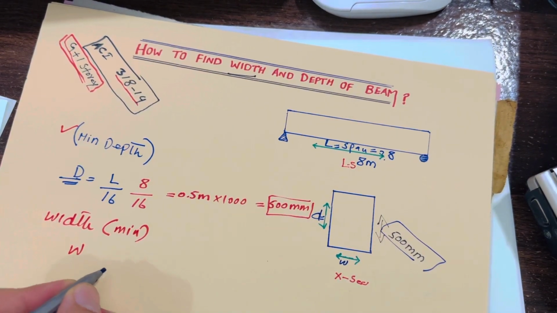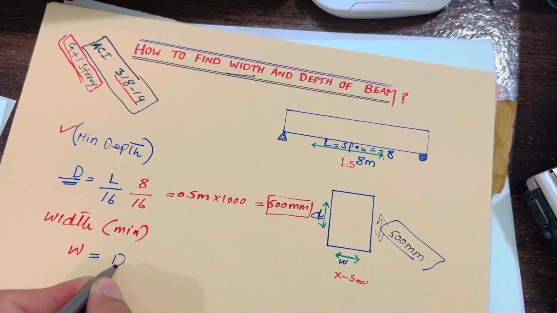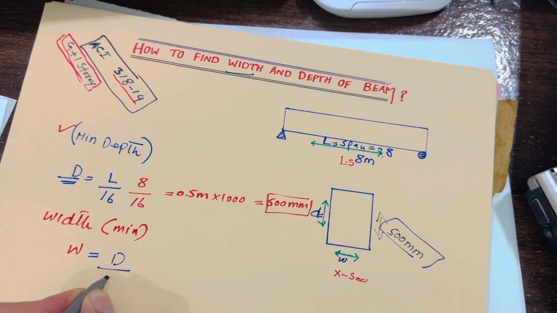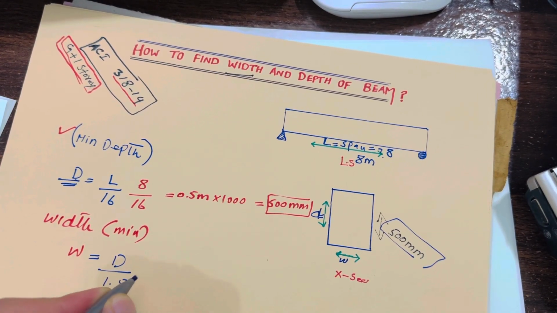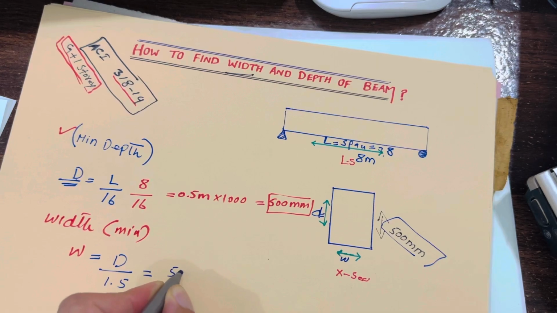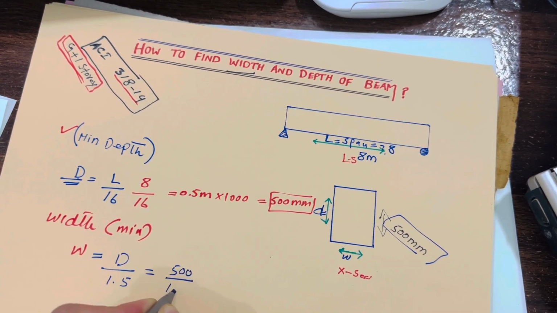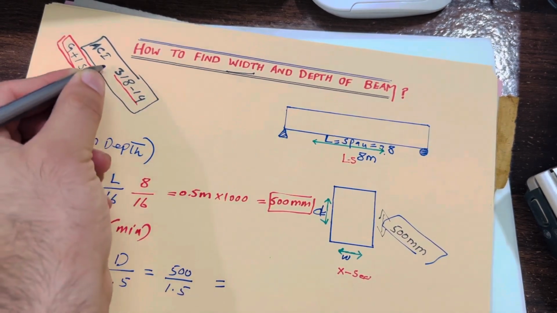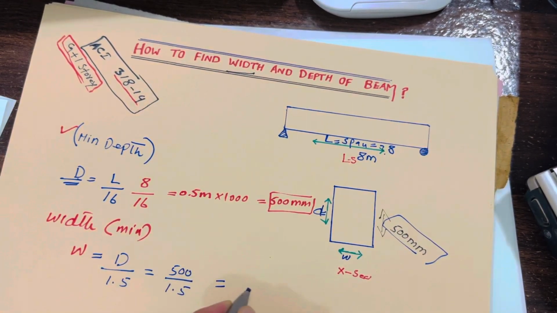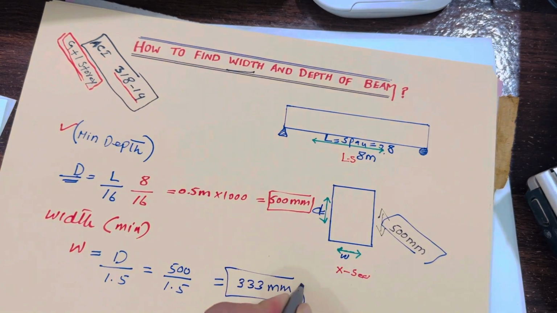So now width is equal to depth divided by 1.5. The depth is 500 millimeters divided by 1.5, because this is the formula from ACI, the American Concrete Institute. So here you will get the value 333 millimeters.